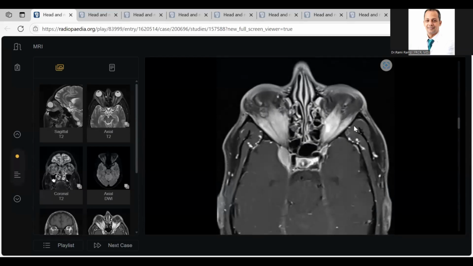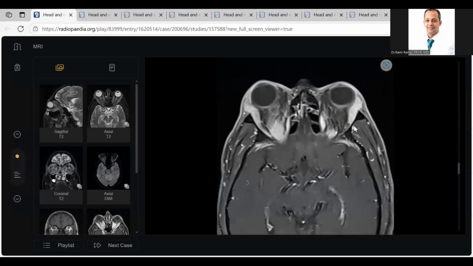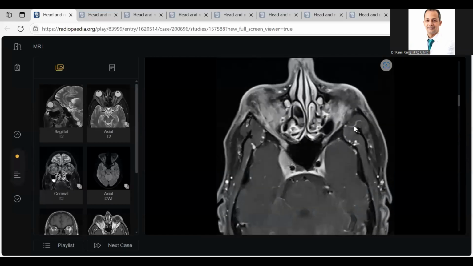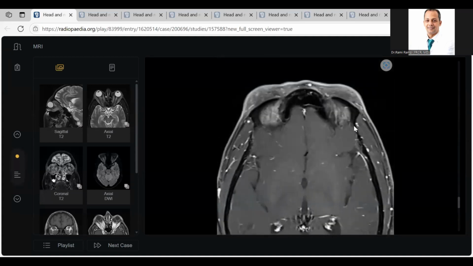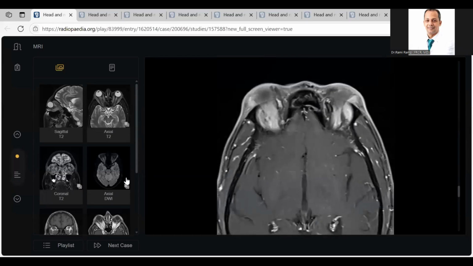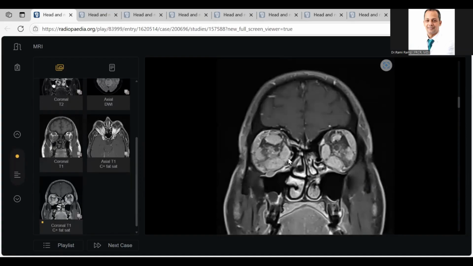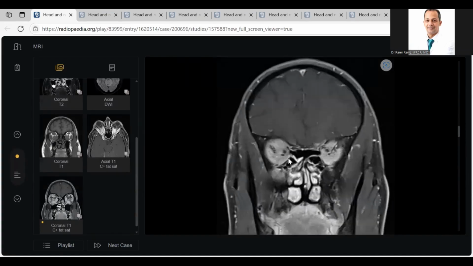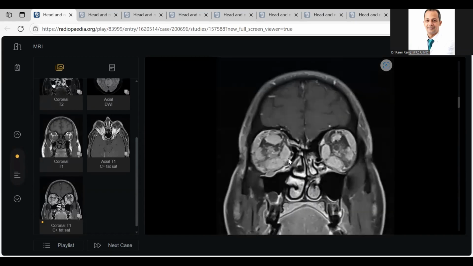There is post-contrast enhancement in the same region which was showing soft tissue area, and there is heterogeneous, ill-defined enhancement in both bilateral extraconal intraconal regions. There are some dural enhancements adjacent to the temporal lobes of the brain. There is bilateral orbital swelling in this coronal image.